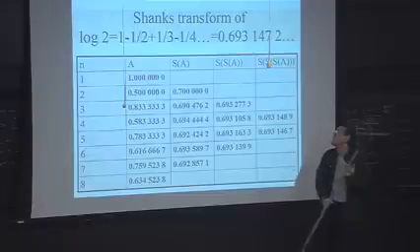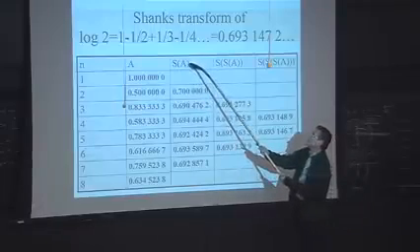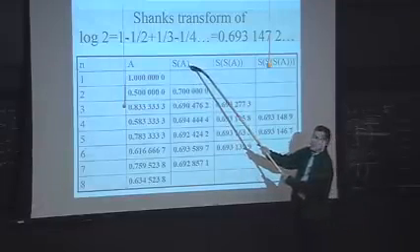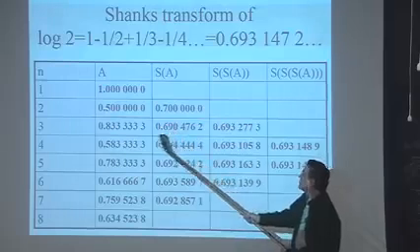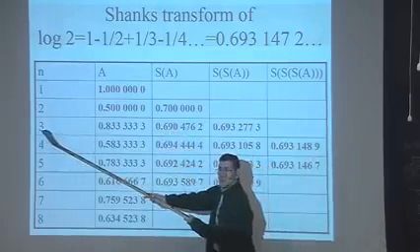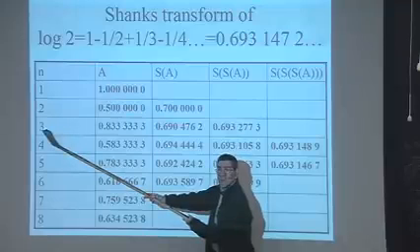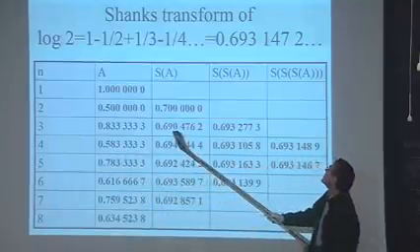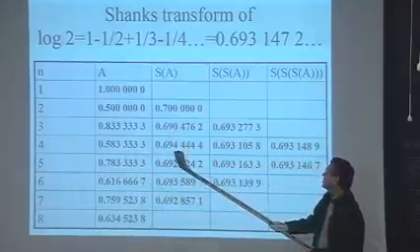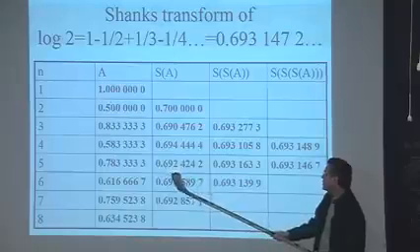On the other hand, if you take a Shanks and you look at the sequence of Shankses, by the time you've gotten just to the third number, the information is already there, and it already knows it's 0.690, 0.694, 0.692.